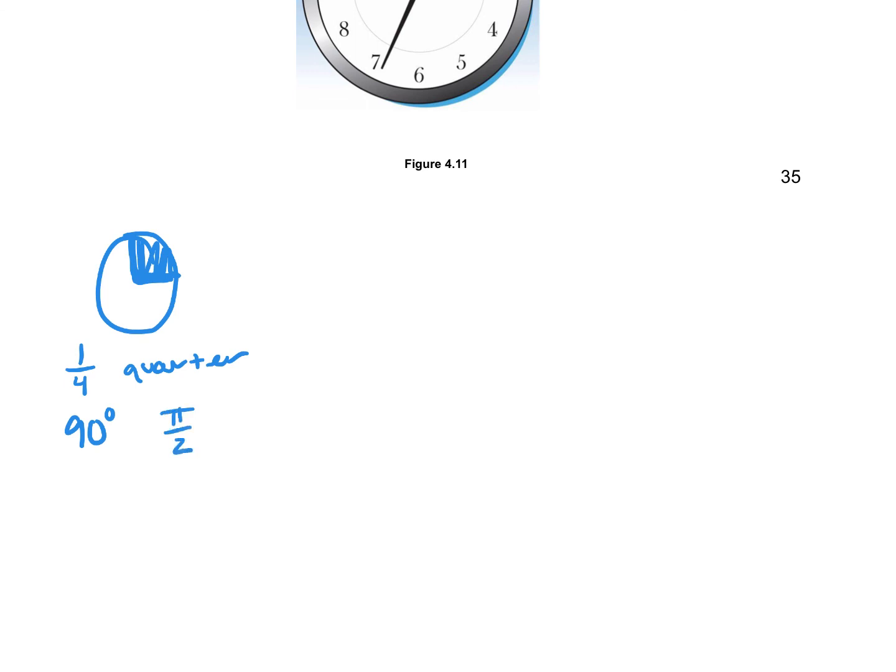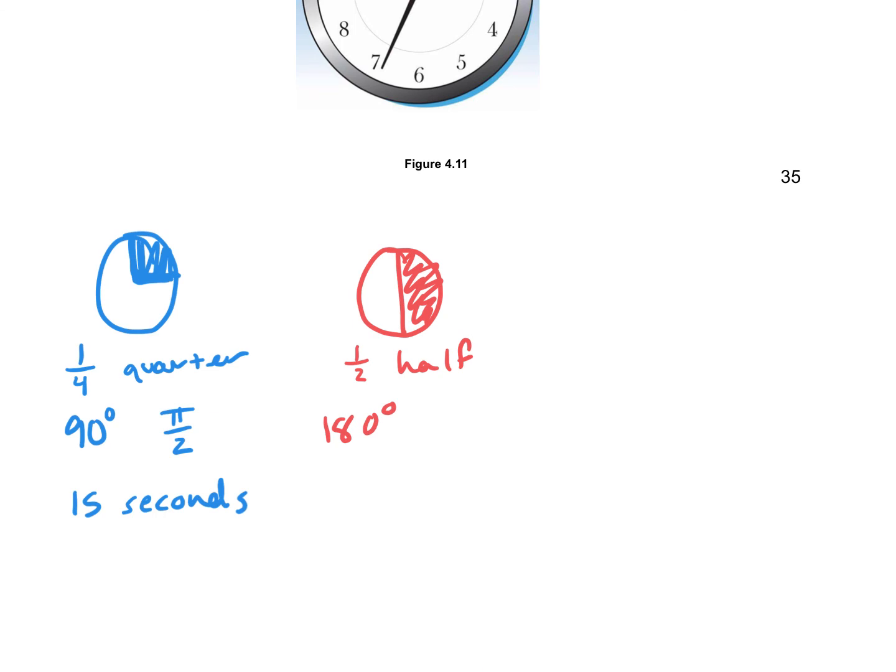And how many seconds? If the whole circle is 60 seconds, 15 seconds. Okay, so next, if I had half, this would be 1/2. It would be 180 degrees, which would be what in radians? Pi radians. And how many seconds? 30.